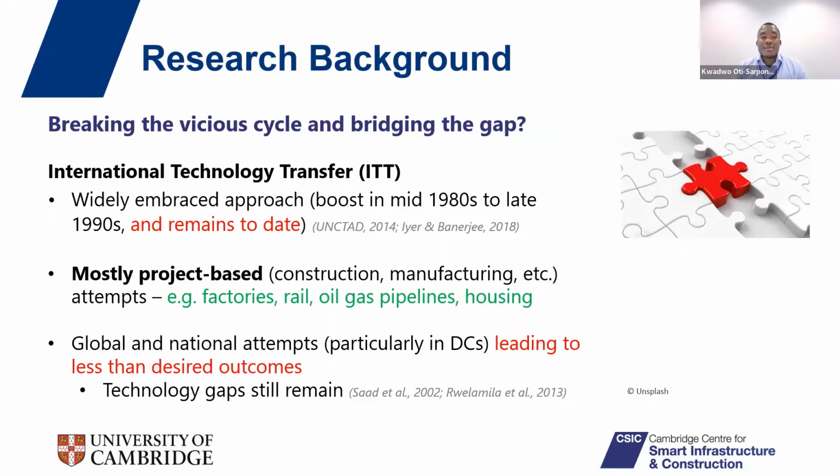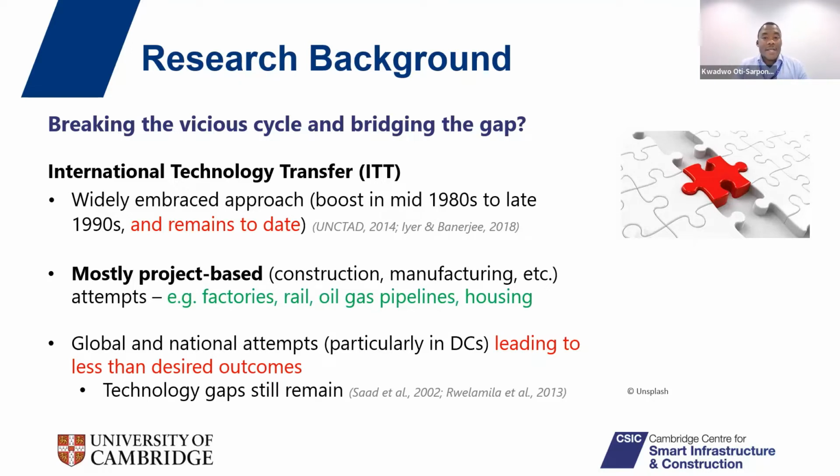The assumption underpinning it is that countries and firms with more expertise in the delivery of specific kinds of projects, whether it's infrastructure projects or building projects, would be able to use their advanced technology in developing countries, and through the process of delivering the project and by working with local construction firms, they would transfer technology to the construction firms in developing countries, and over time bridge that gap between the countries in the global north and developing countries in the global south.